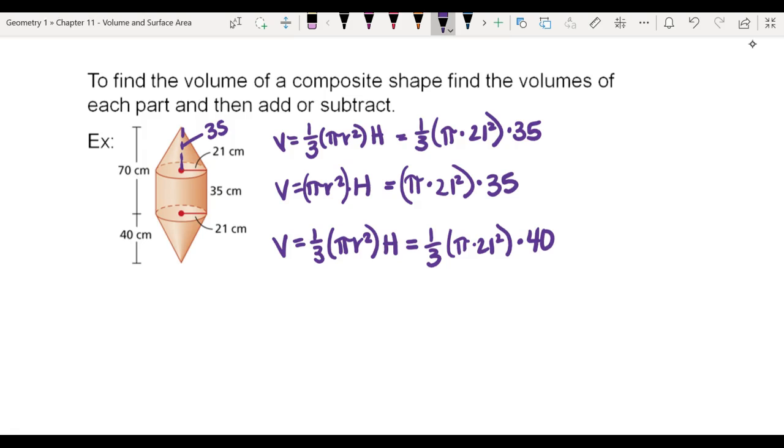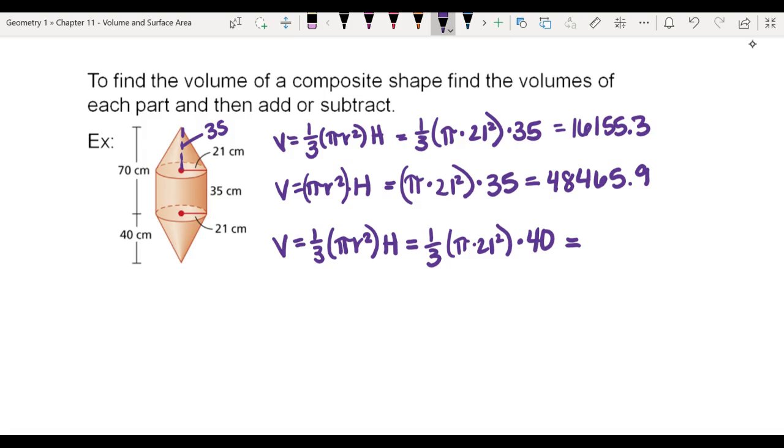Okay, so I wrote my formulas down. After I did that, then I started plugging stuff in. So now if I figure that out, the first one is 16155.3. Your middle one is 48465.9.